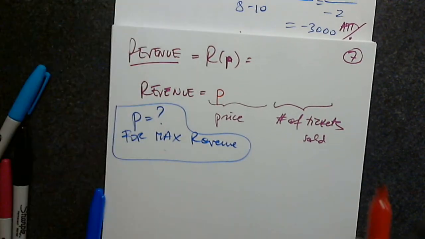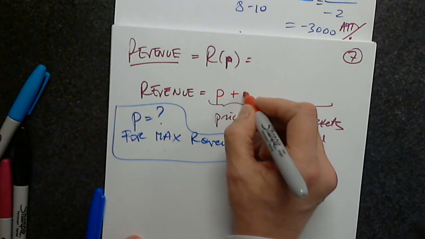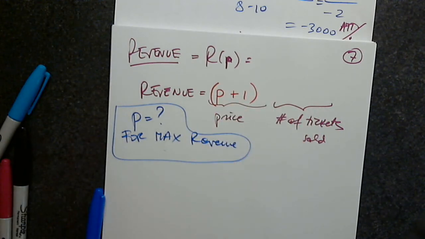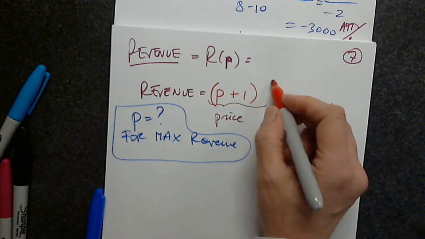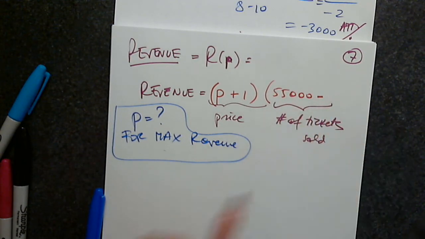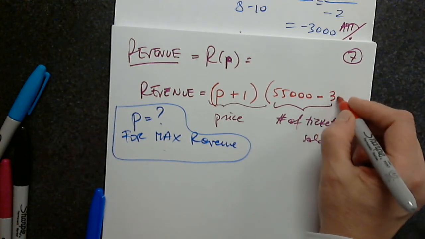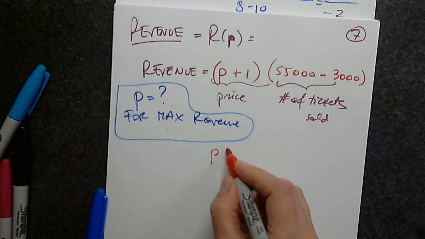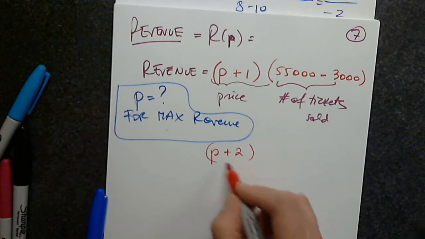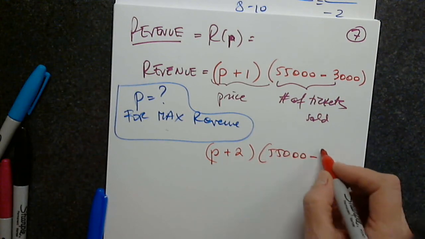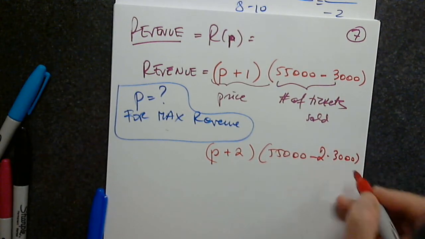So if we increase the price by $1, then 55,000 minus 3,000. If I have P plus $2, then I get 55,000 minus twice 3,000.